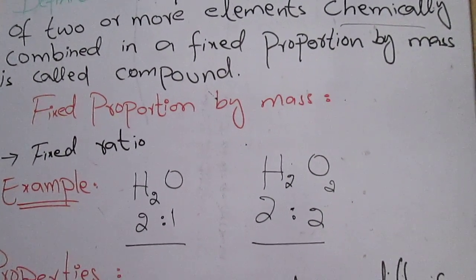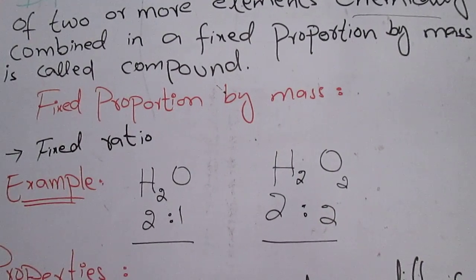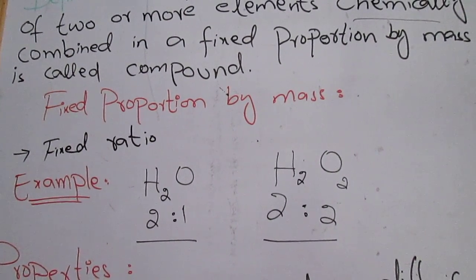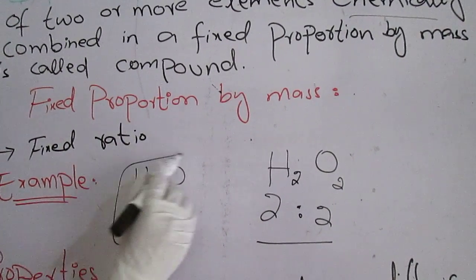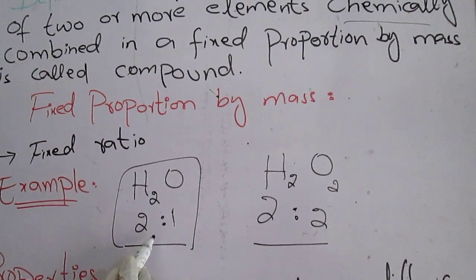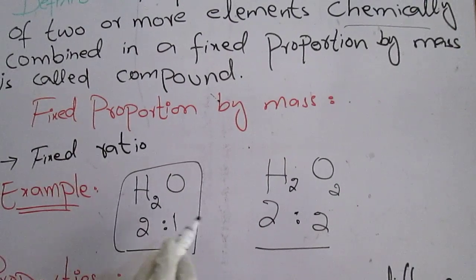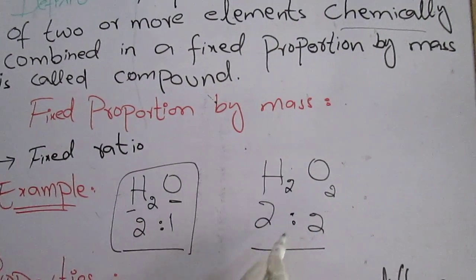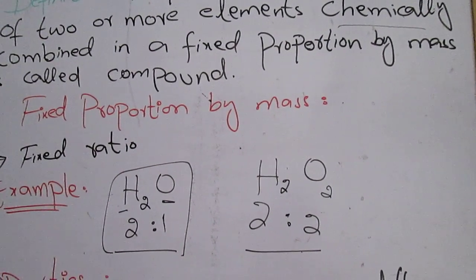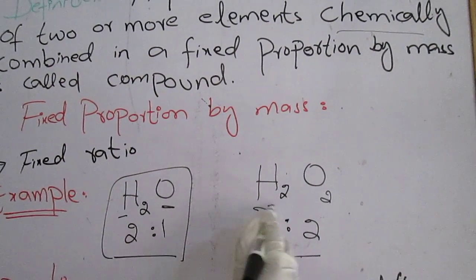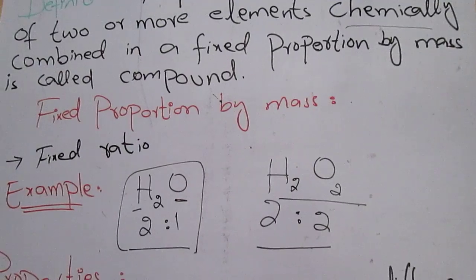So when we change the ratio of the mass of the elements which form a compound, another compound is formed. Like in water, it is 2:1, and when the same hydrogen and oxygen have a 2:2 ratio, then this is not water but hydrogen peroxide, which is different from water.